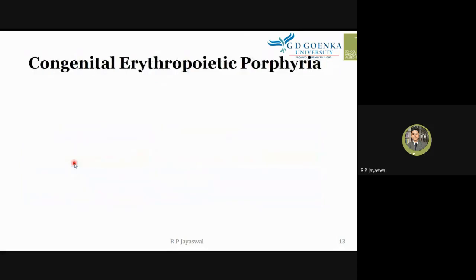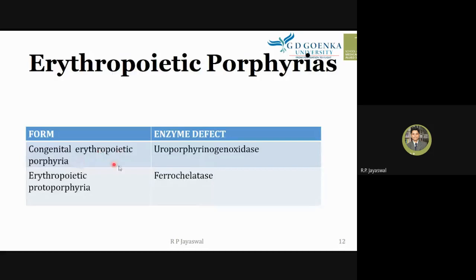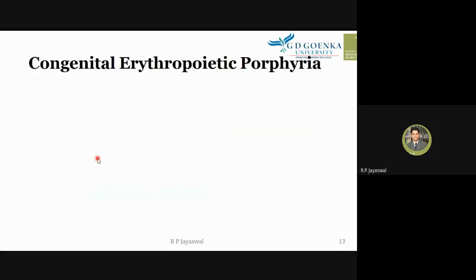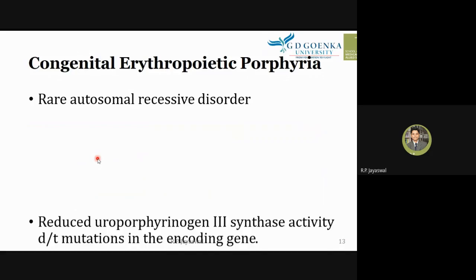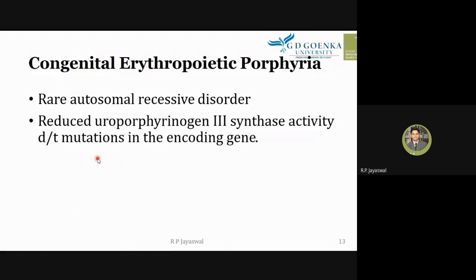Now, coming to congenital erythropoietic porphyria, let's study about this today. Here we know that this is a rare autosomal recessive disorder, with reduced uroporphyrinogen III synthase activity due to mutation in the encoding gene.